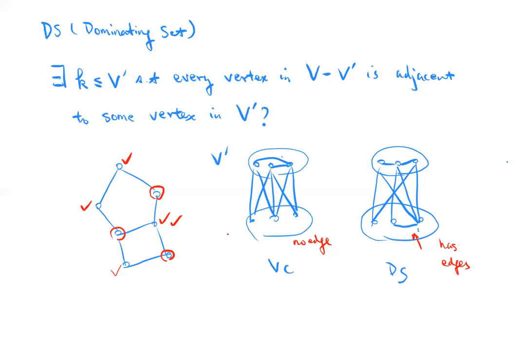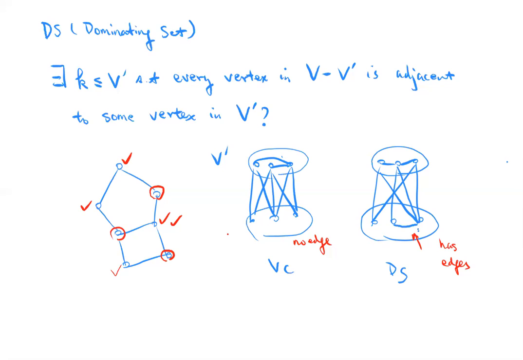So vertex cover deals with the relation between vertices and edges. Dominating set deals with the relation between vertices. So we're allowed to have edges on this side. And vertex cover is a special case of dominating set. If V prime is a vertex cover, it is also a dominating set if the graph has no isolated vertices.